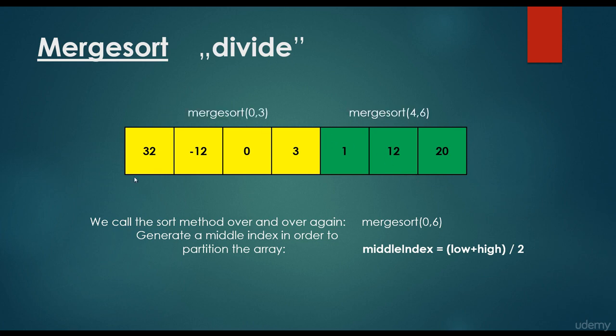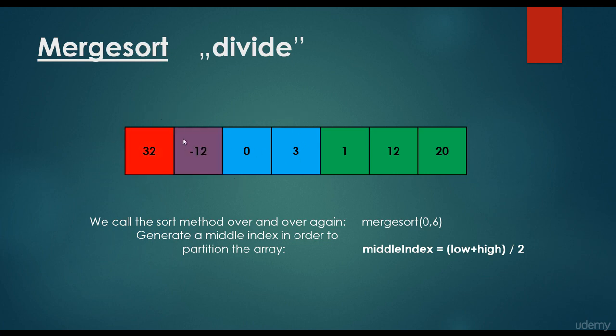Then it's very important that we are going to sort the left and the right subarray recursively with merge sort. So we keep splitting this array again, and we are going to have a left subarray and a right subarray in the left subarray. Then we are going to call the merge sort again on the left subarray and the right subarray, and we bump into the situation that, as you can see, the left subarray contains only a single item and the right subarray contains only a single item.